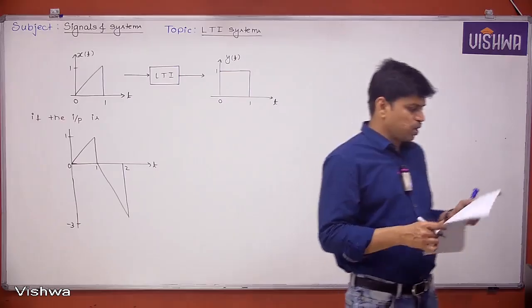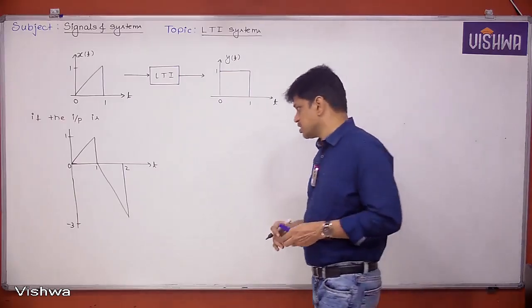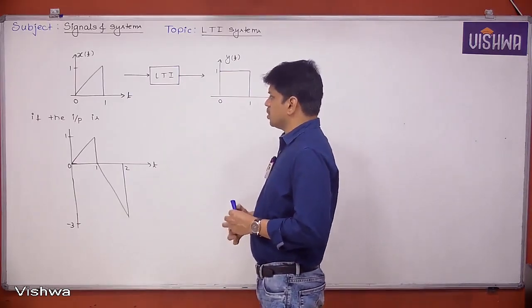So what is the output if the input is like this? Okay, so try to understand.